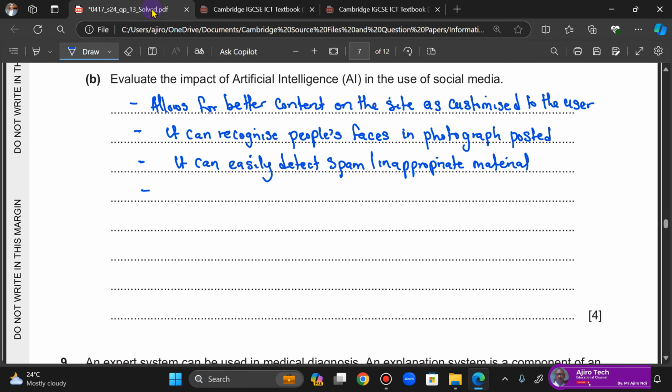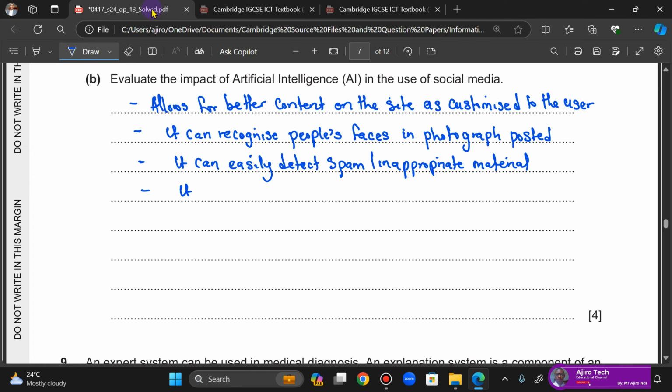It can target a form of advertisement. That's another one on social media, which allows advertisers to attract more relevant customers. So, if for example you're putting up a sale, it's going to look at people who have made searches relating to that, and it's going to put that on their feeds.